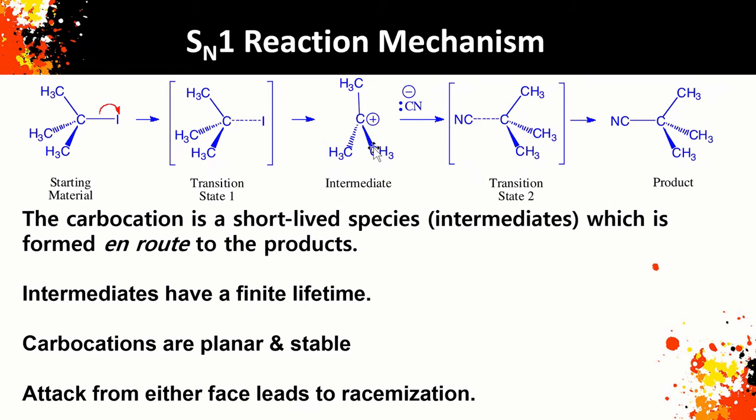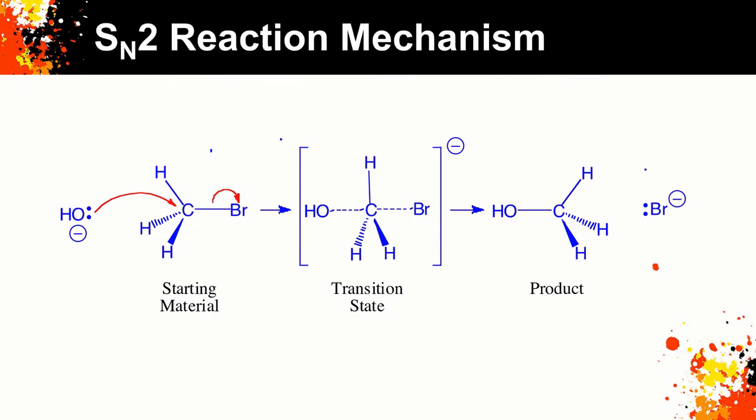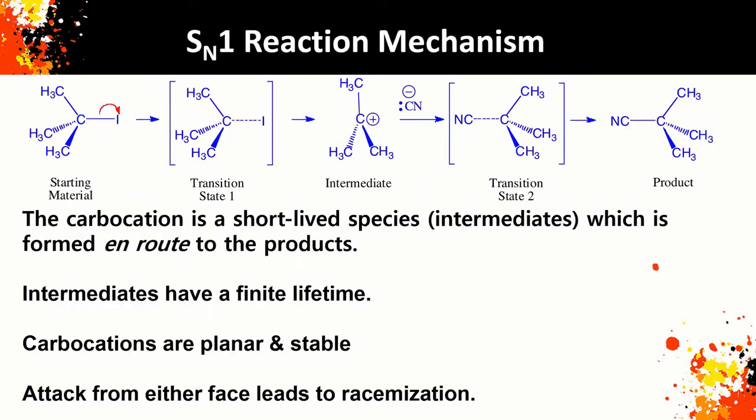We have a carbocation, which is an intermediate. Now we have a nucleophile here in the form of cyanide, and it will attack our carbocation to form a second transition state. Notice that with our SN2, we only had one transition state compared to our SN1, in which we have two transition states and then our substituted product. That is very important for us to know.